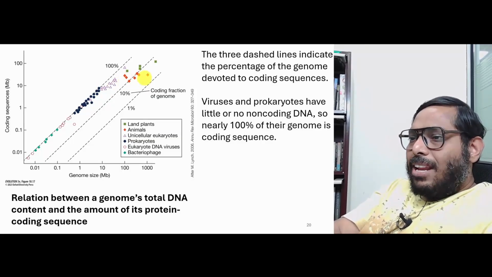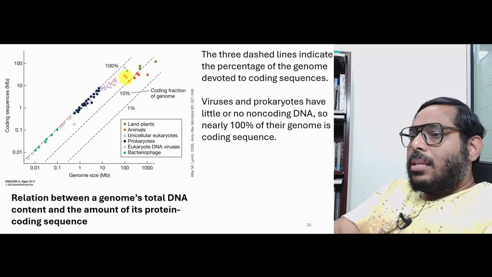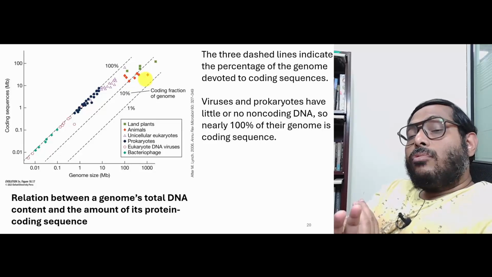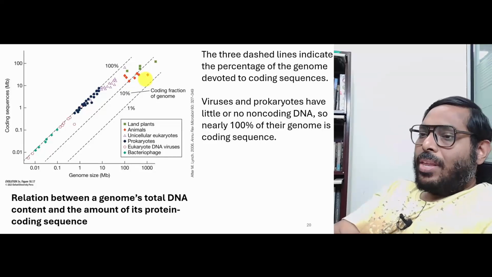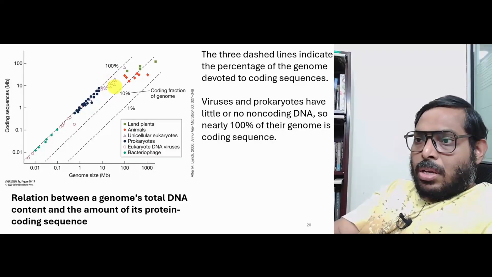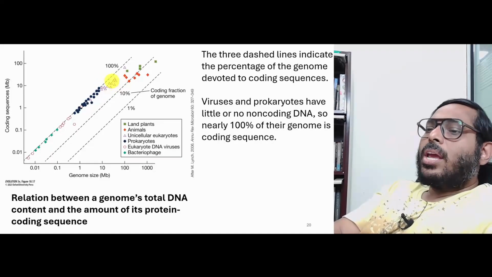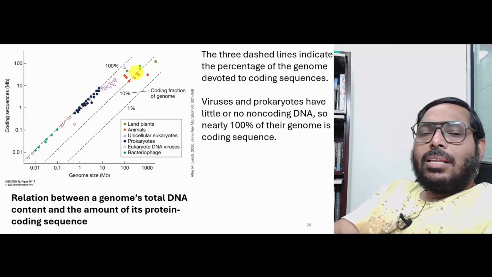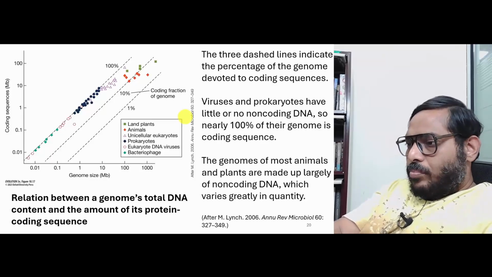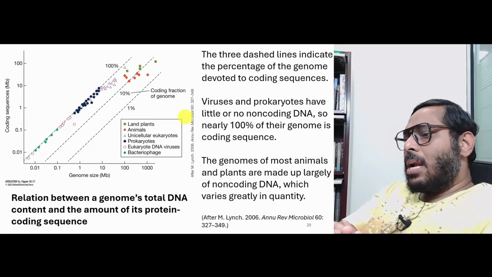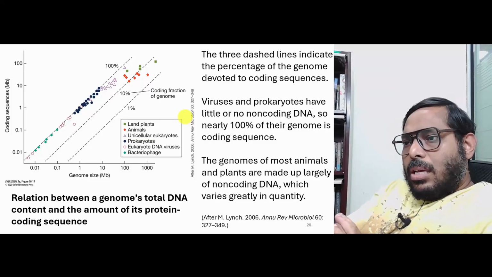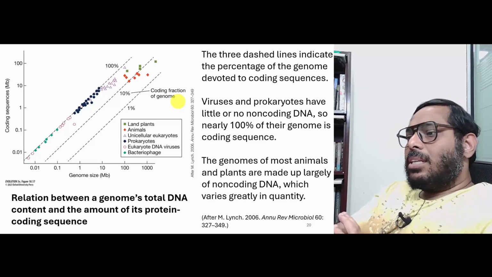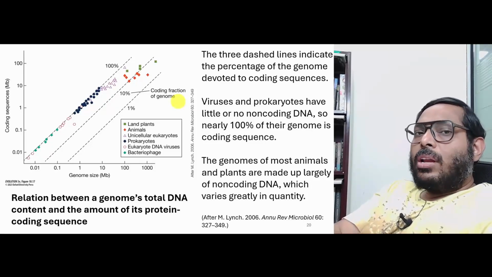these are the animals and these are the land plants, and you see that they are diverging away, which means that these are the organisms which have a lot of non-coding DNA in their genome. Unicellular eukaryotes sit somewhere intermediate between these and the plants and the animals. So, this is telling us that there is a lot of variation in the genome size, but it is only in the animals and the plants where you have a lot of non-coding DNA.